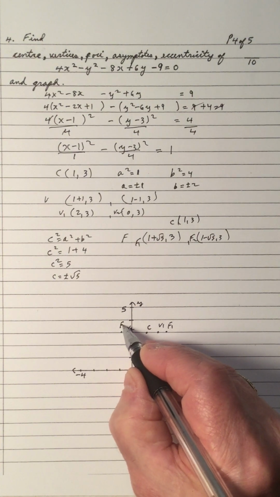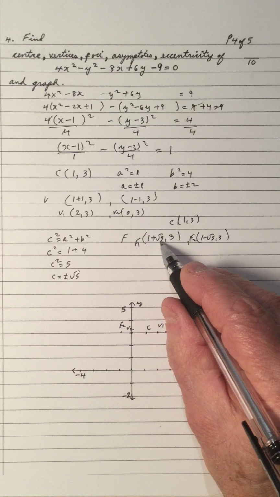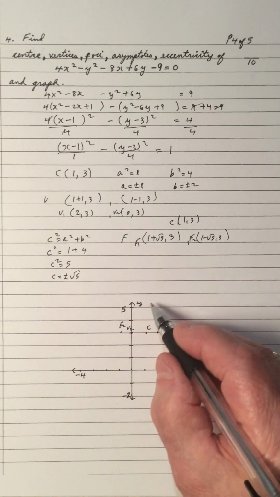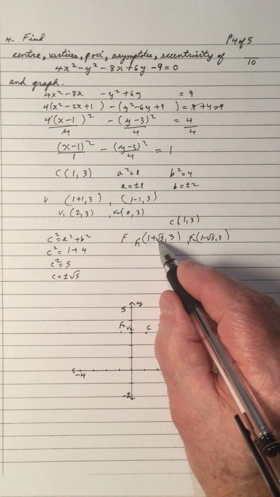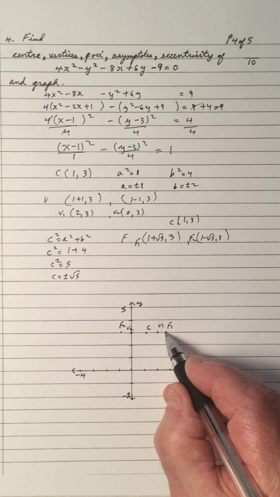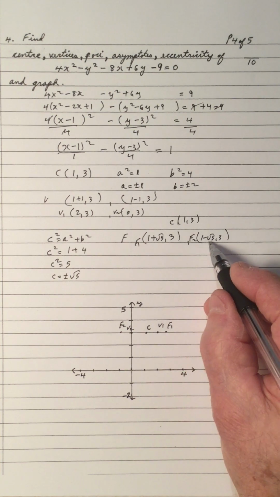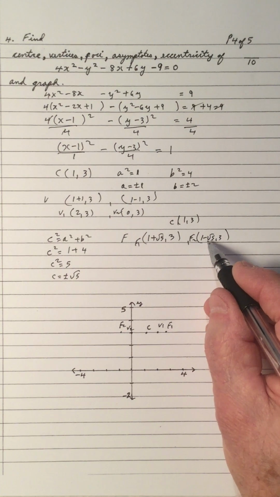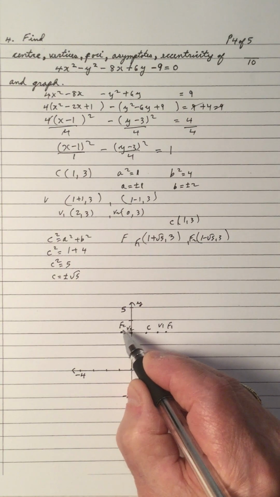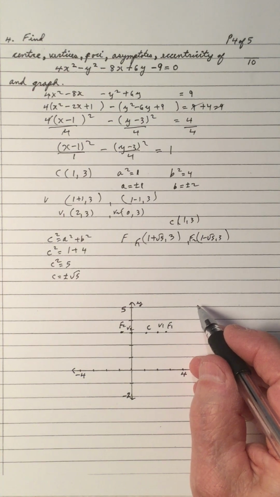If you change root 5 to a decimal, you get 2 point something. So that's the foci.